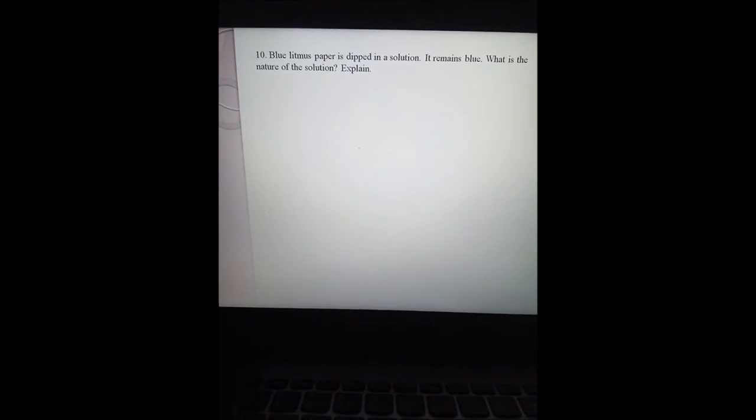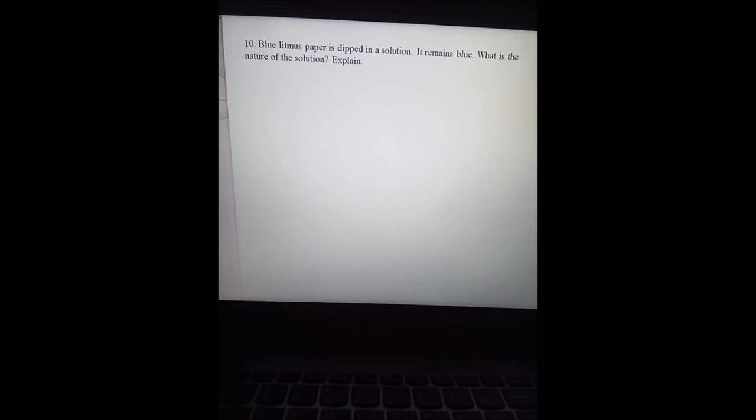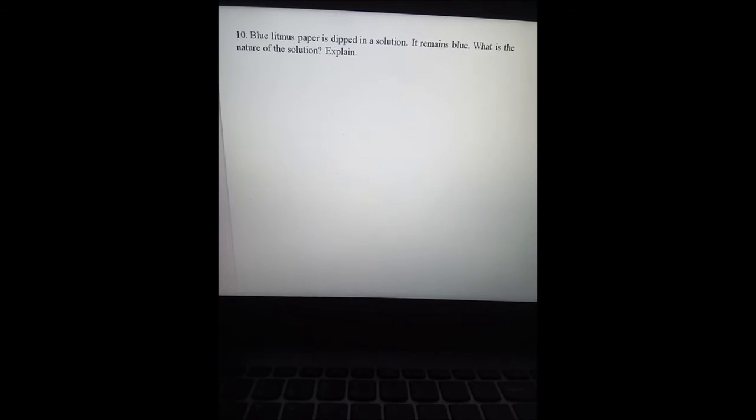Number 10: Blue litmus paper is dipped in a solution. It remains blue. What is the nature of the solution? Explain. Basically, blue litmus paper is used for testing whether the solution is acidic or not, and if it's acidic then it will change its color to red.